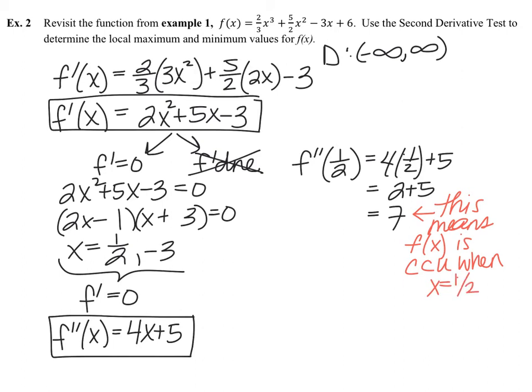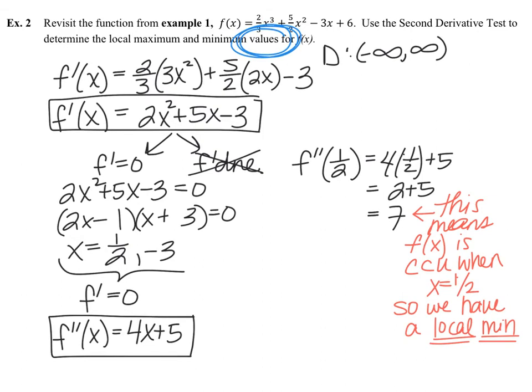So then visualize that. If a graph is going to be concave up, then did we end up with a local max or a local min? So in this case, that means we have a local minimum. However, the problem didn't just ask you to find where the local minimum occurs, it actually asks you to find the local minimum and maximum values.